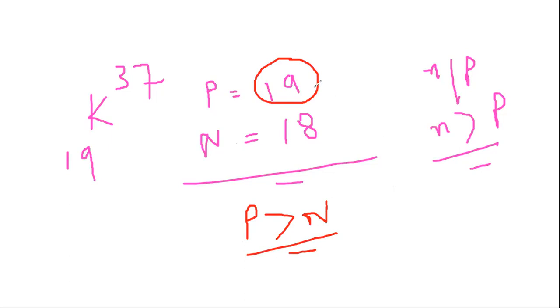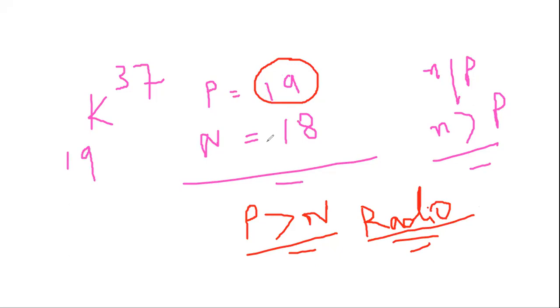If the number of protons is greater than the number of neutrons, then it must be a radioactive nuclide. In this case, you do not need to calculate the ratio or compare the values in the table.